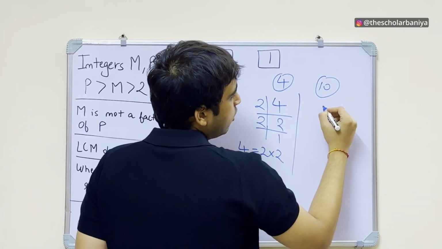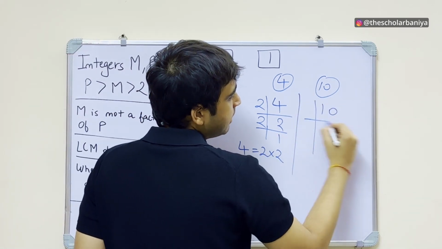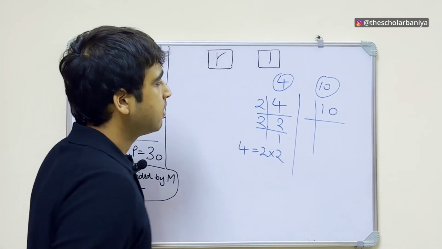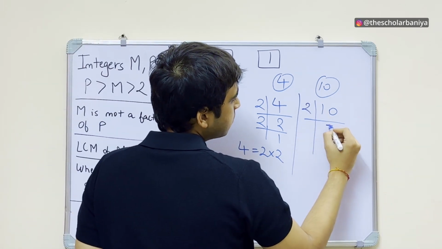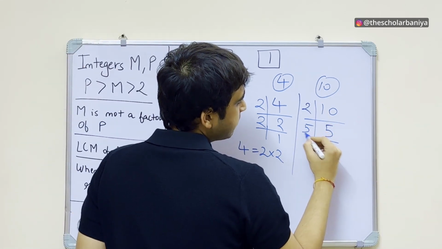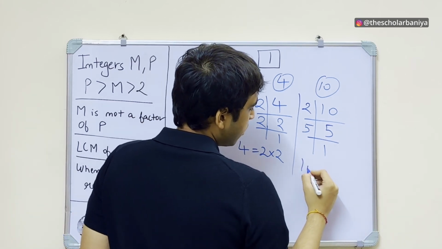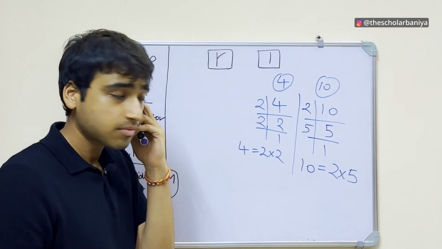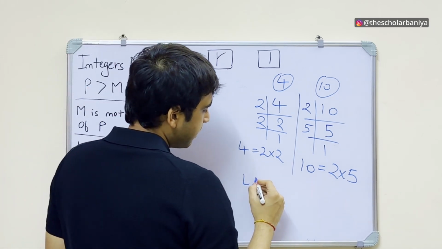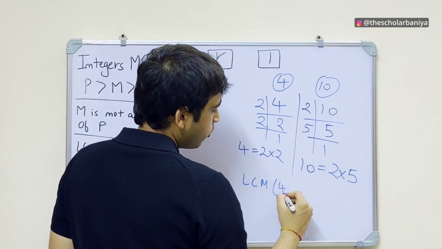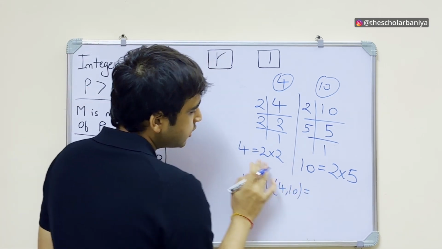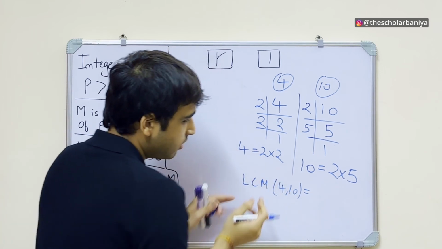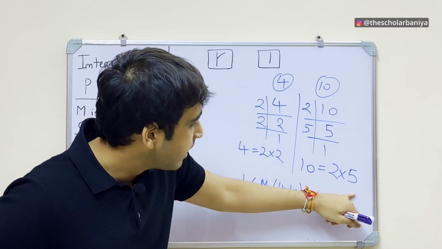Okay, let's talk about 10. When we do the prime factorization of 10, 2 5s are 10, so 10 comes out to be 2 into 5, right? So now the LCM of 4 comma 10 will be what? We take one number from everything.